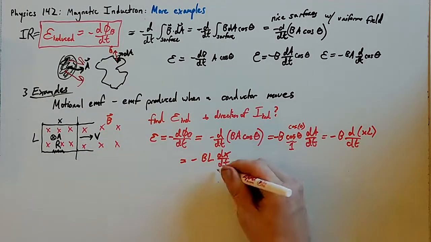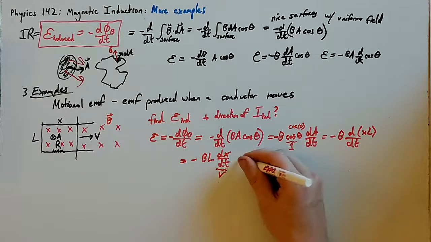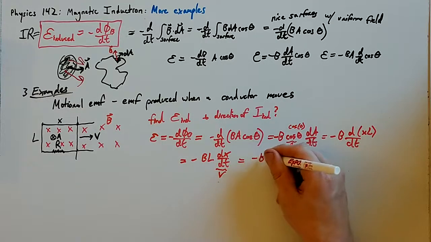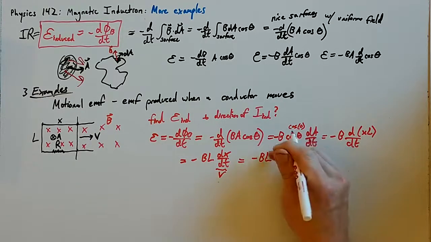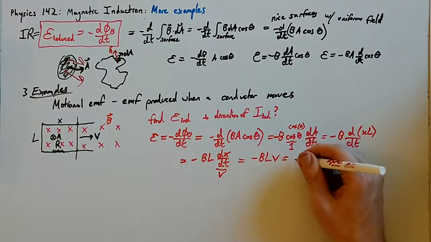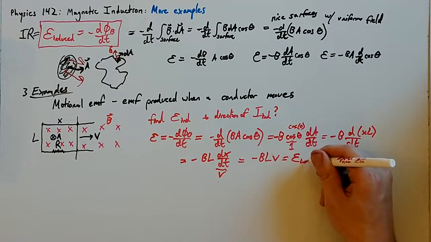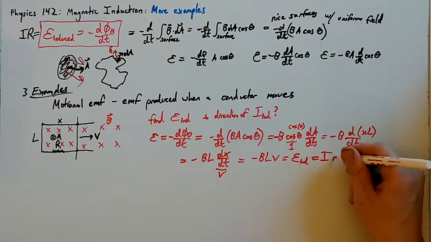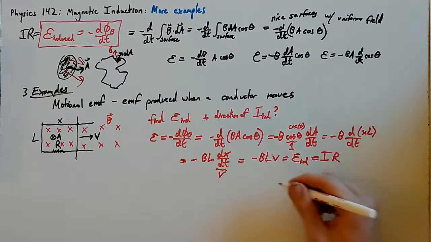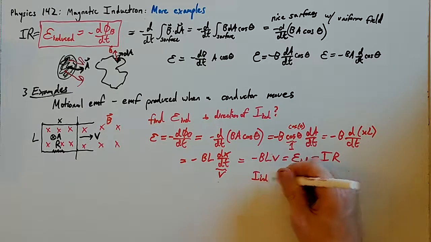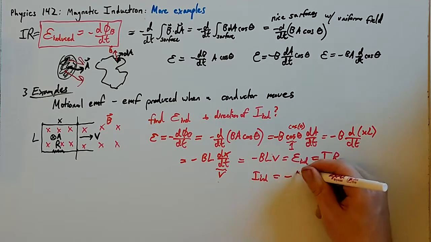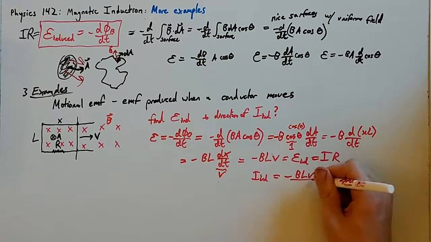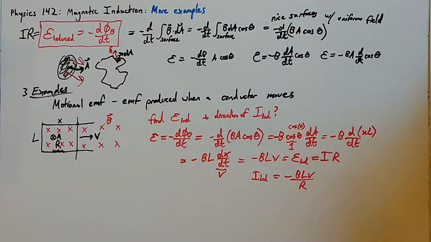And dx dt is my velocity v. So I could just write this as minus BLv. That's going to be my induced EMF. Of course, if I wanted that to be current, that's just going to be I times R. So if I want I induced, then I have minus BLv divided by R. So there you have it.